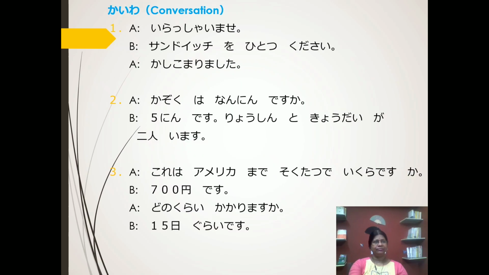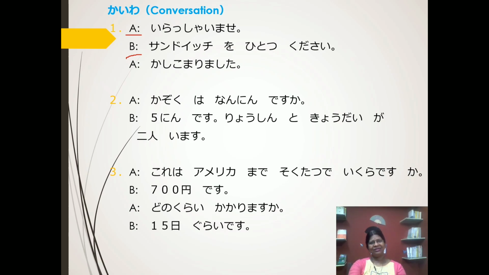Next, kaiwa. Okay, do the same, A-san to B-san. If you have a partner with you, then do it. If you don't have a partner, make 2 hands as 2 persons. A-san, B-san. いらっしゃいませ。サンドイッチを1つください。かしこまりました。Okay?